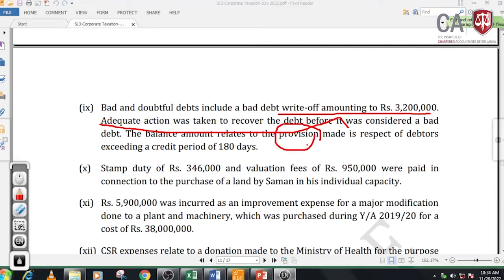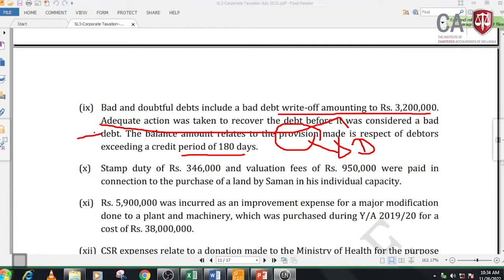This is a provision made in respect of debtors exceeding the credit period of 183 days. Provision is anyway disallowed. With reference to the 3.2, adequate action was taken to recover, then legal action was taken, thereby it is allowed to deduct. Okay. Now let me do this adjustment and come back to you.